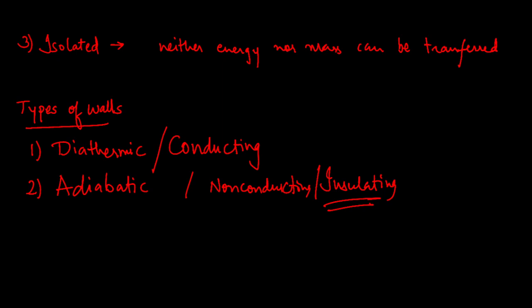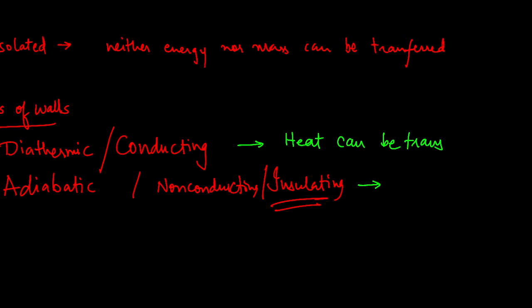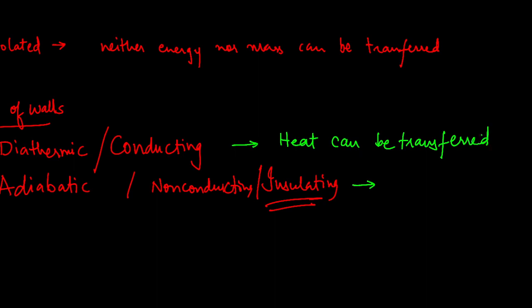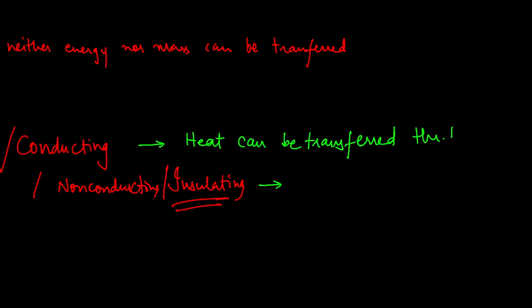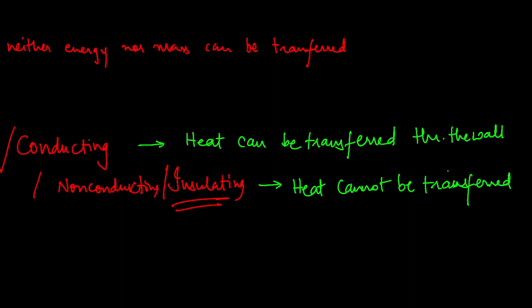So diathermic is where heat can be transferred through the wall, as in the chapter heat transfer. Adiabatic is the opposite: heat cannot be transferred through the wall.